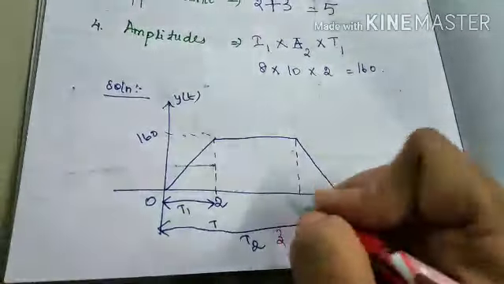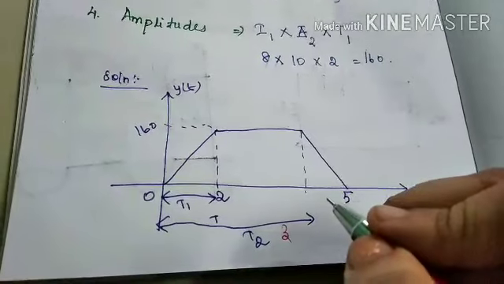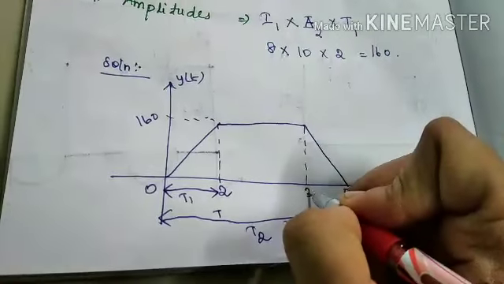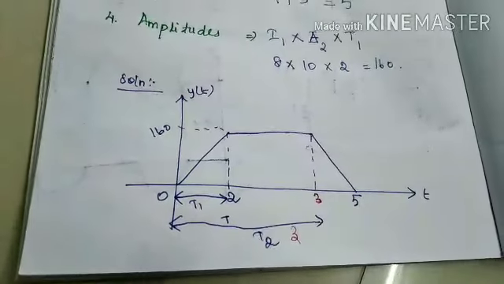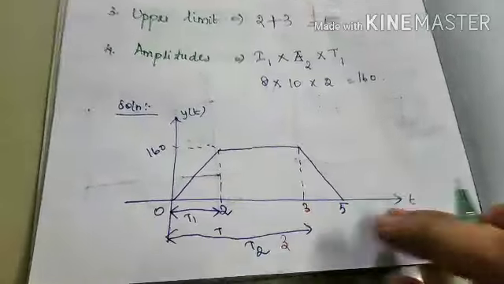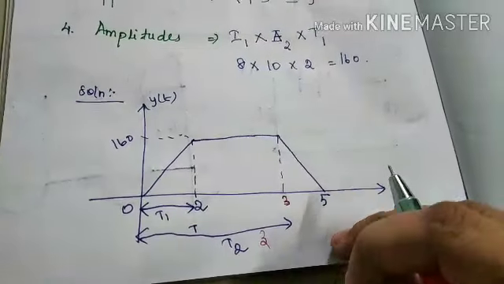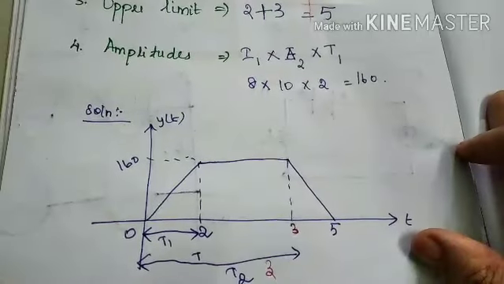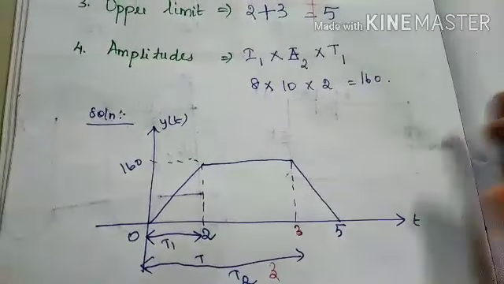Then it will be 3, right? This is the convolved output of the given two input signals.